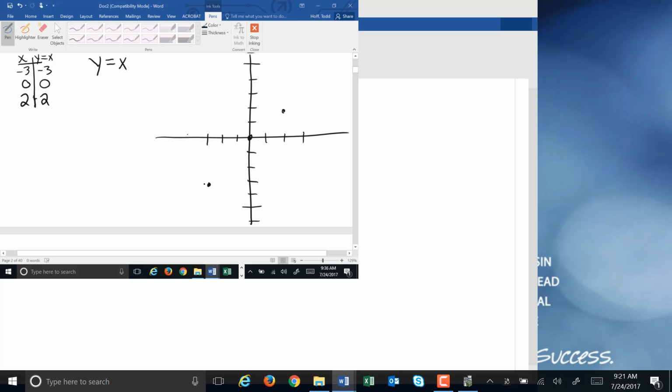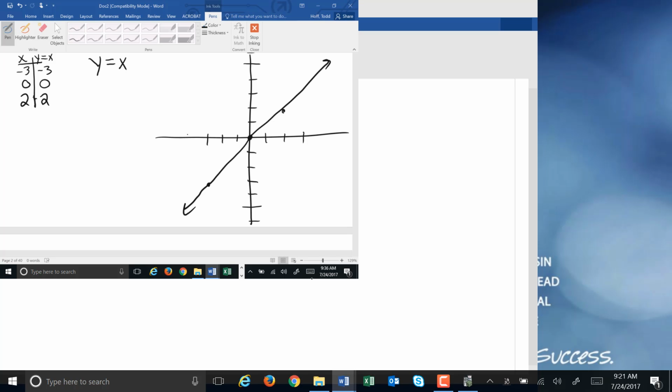So you can see we get that line. If I'd drawn it well, let me try that again. It goes corner to corner on a graph. It goes through the center, through the origin, and it goes corner to corner across a graph.